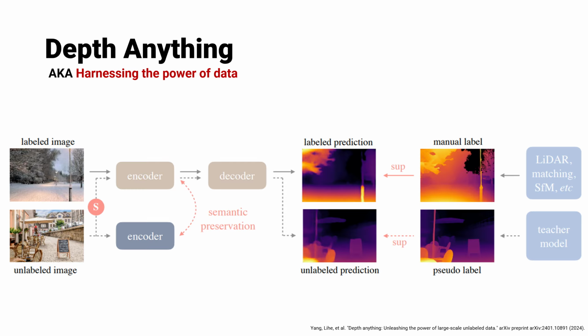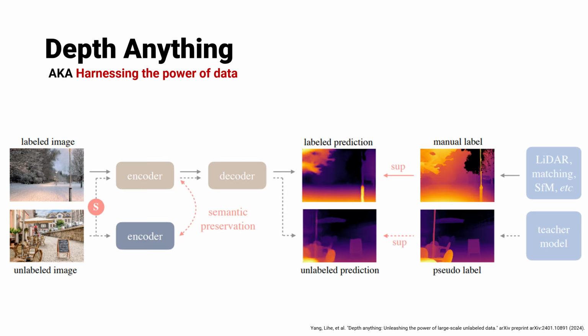We have a little bit of data which is labeled through stereo depth cameras or through a 3D scene or a 3D movie and things like that. But we have a lot of monocular videos, which is single camera video, through something like YouTube or movies and things like that. How can we utilize the power of what we have learned from the stereo cameras' depth model, and how can we utilize that on unlabeled images? That's what this Depth Anything model actually does.